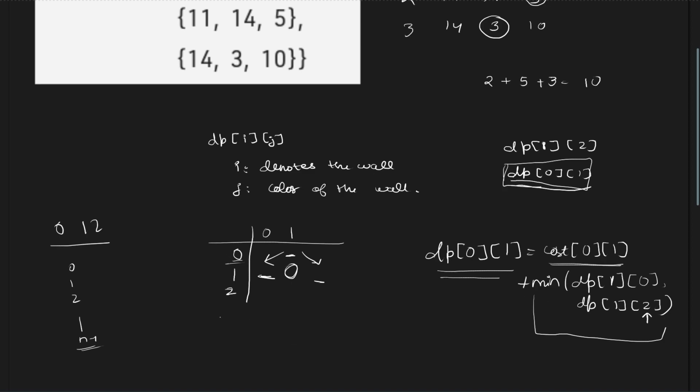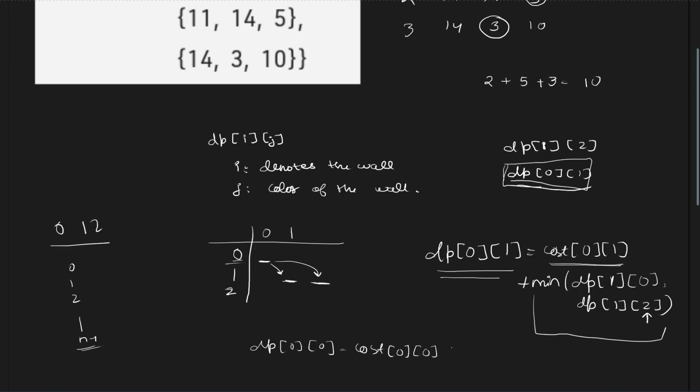So for example, if I was at 0, let us just write it again. If I was coloring the 0th wall with the 0th color, then I will have to consider this particular color and this particular color for my minimum answer, right? So in this case, dp of 0 0 would be equal to, first of all, the cost, right?